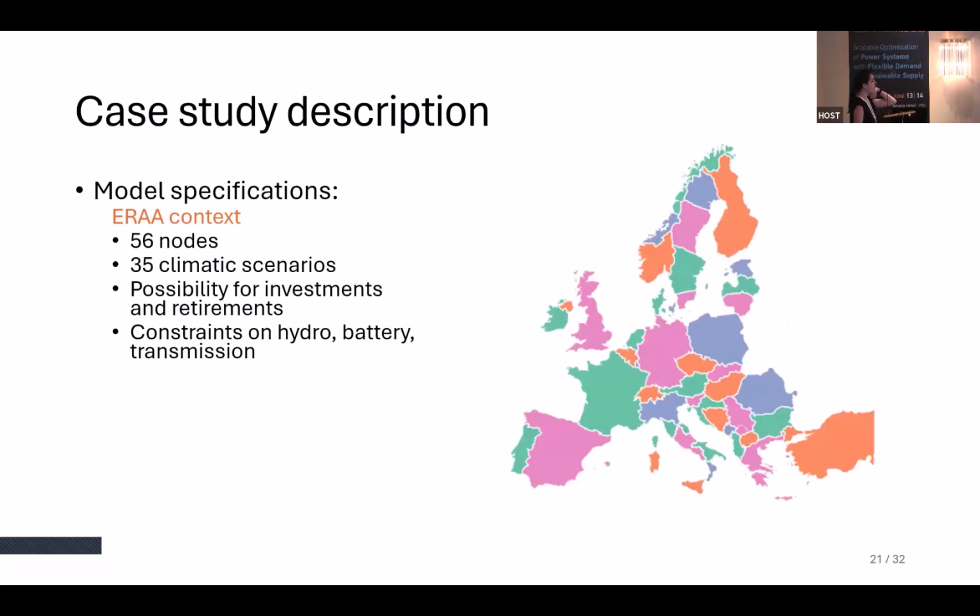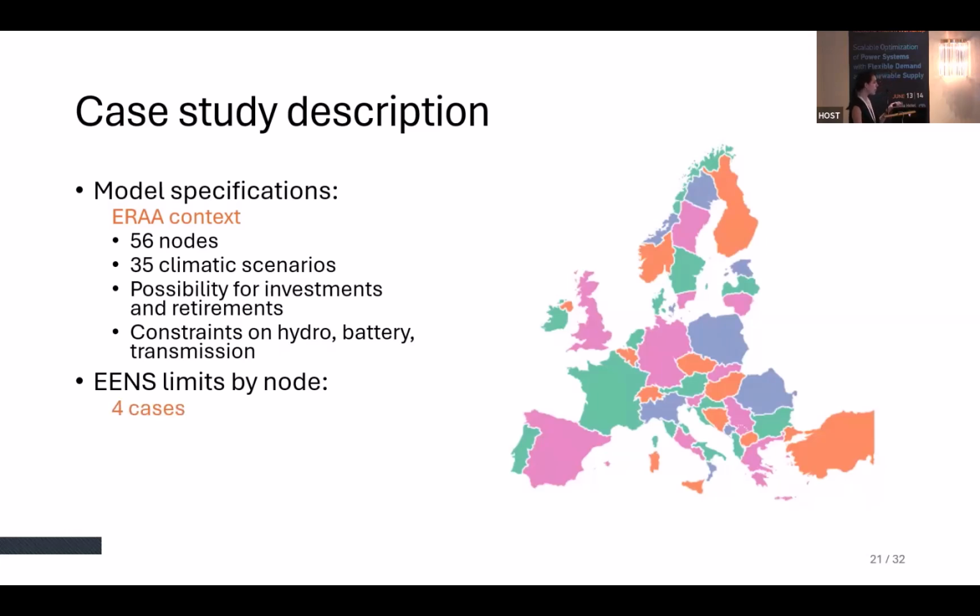There is a possibility of both investments and retirements in the actual model that we are running, and there are more constraints than the ones that we saw, constraints on hydro, battery, and there is a possibility, of course, of trade flows. The EENS limits are introduced by node, so there is a separate constraint for every node.